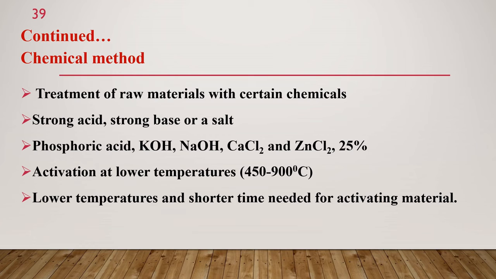The raw material is further activated at lower temperatures, generally 450 to 900 degrees Celsius. The chemical method is mainly preferred over the physical method because lower temperatures and shorter times are needed for activating the material.